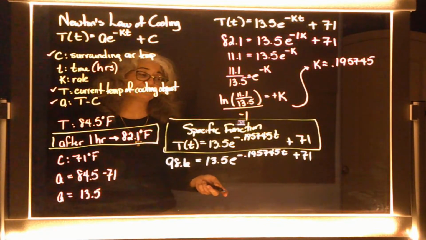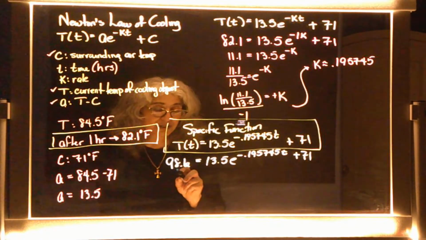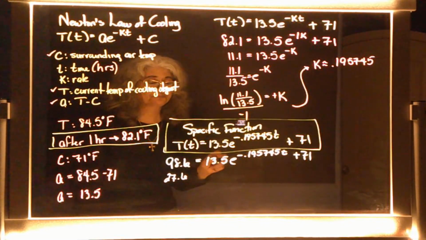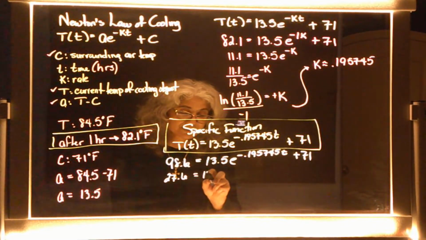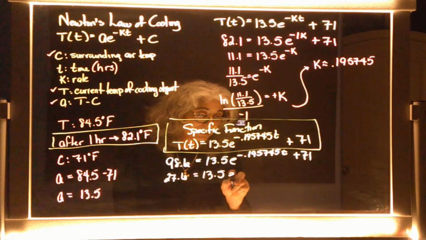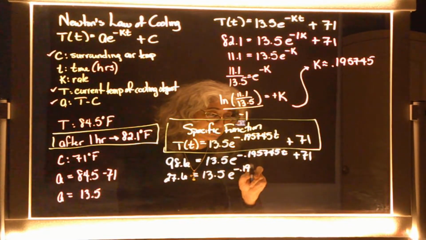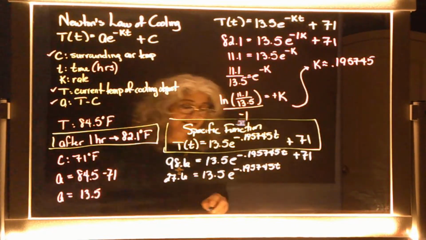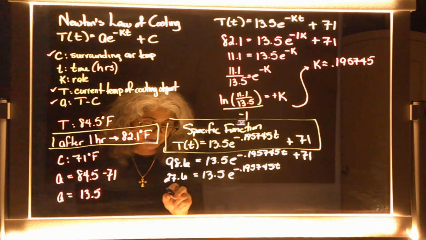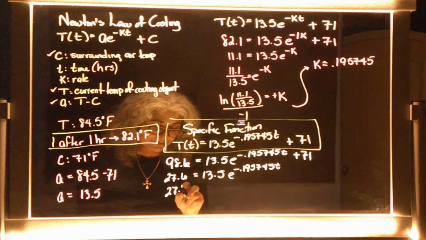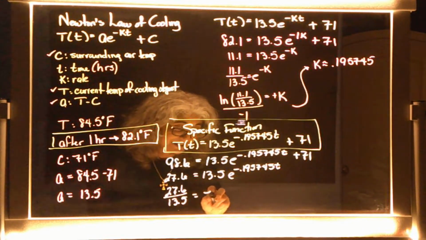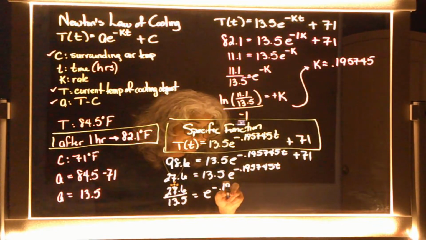So what are we going to do? Minus the 71. So what do we get? 27.6 equals this 13.5 e to the lovely decimal up here for rate. Divide by 13.5. Yep, this process is looking very familiar. And then what would you do?